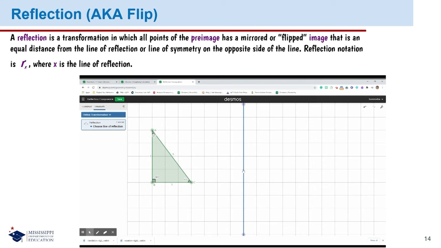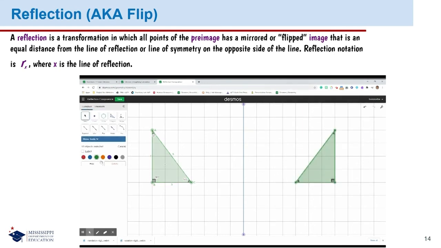Let's choose this one. Now it's going to ask us to select the object we would like to reflect, and apply. Let's go back to Construct, change the color, and label.